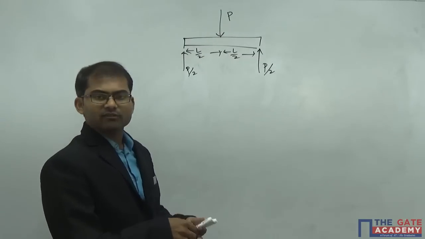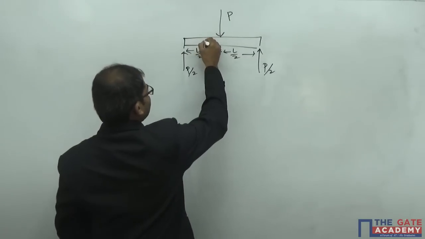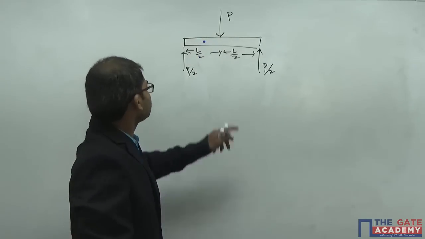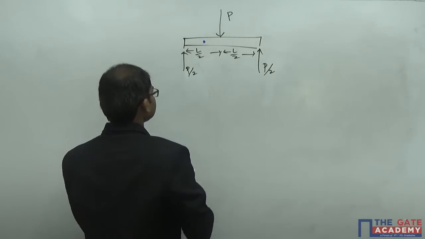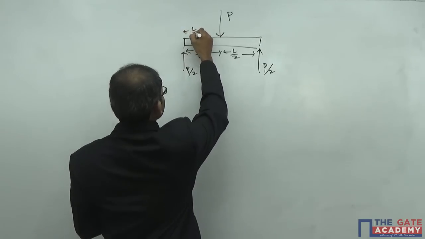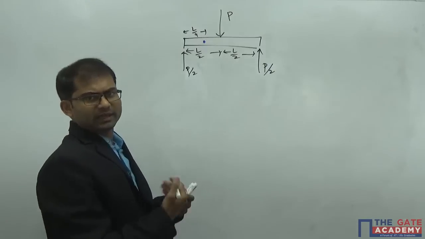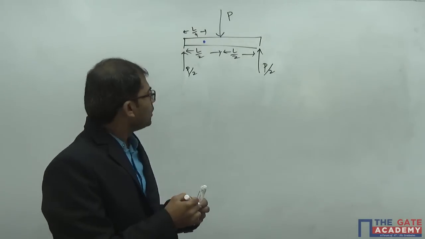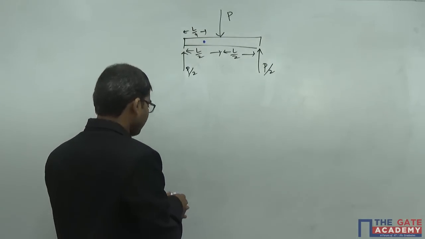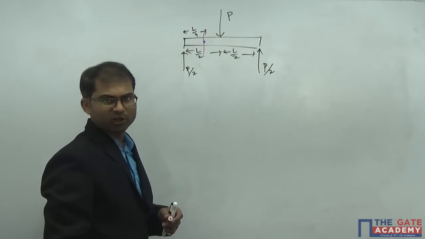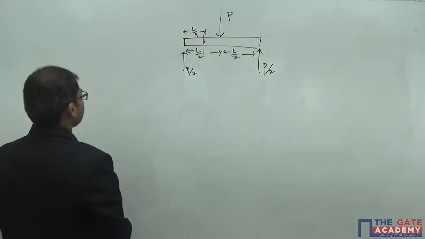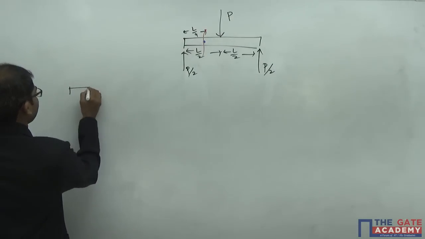Now I am interested in finding out the induced value of the shear force at this particular distance. Let me take this distance as L by 4. Later we will find out the bending moment also. So to find out shear force, I will slice off or cut the beam into two parts at a particular point. After cutting that, I will be getting two sections in this way.